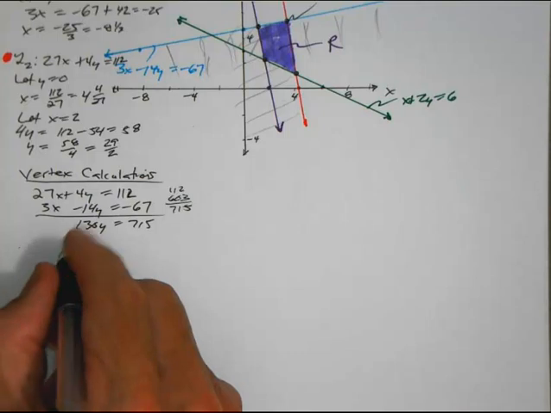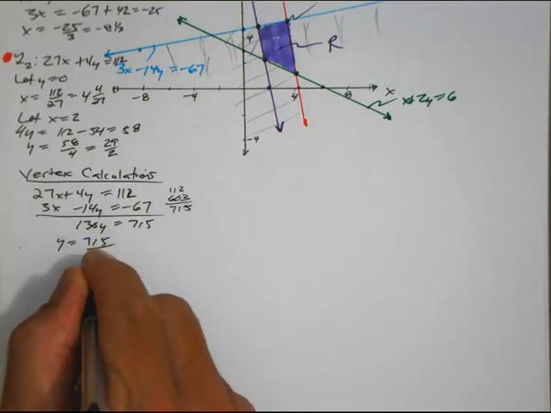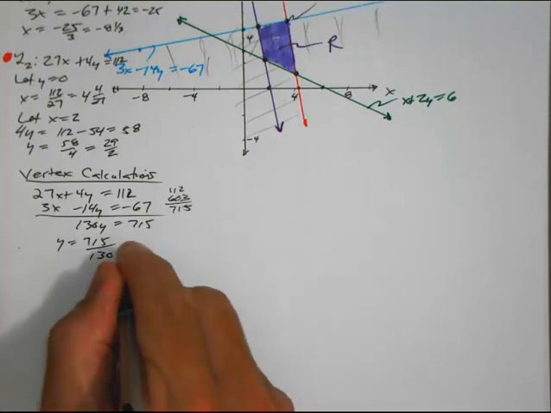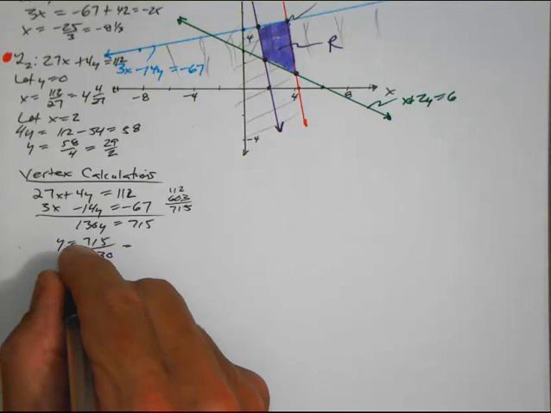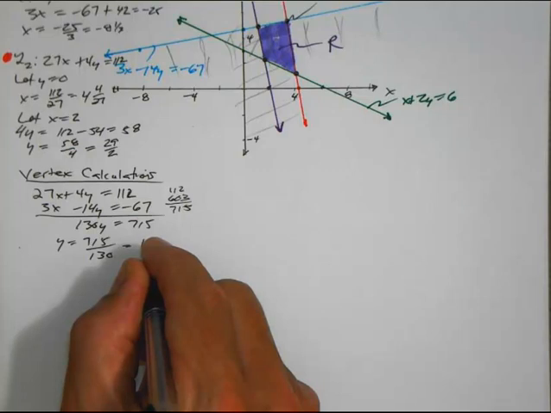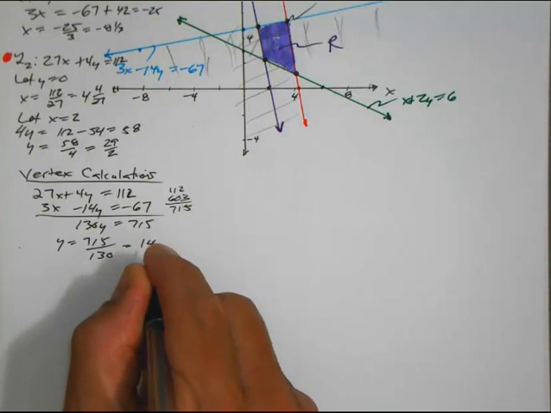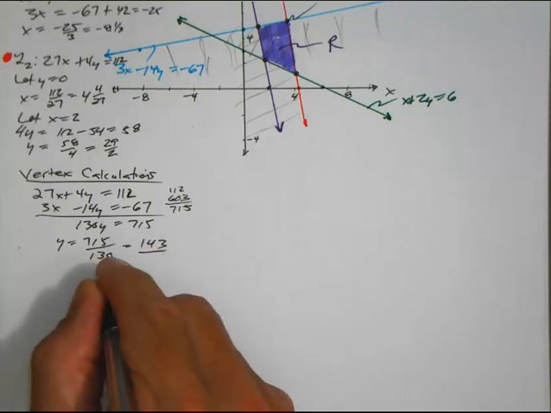Okay, we divide both sides by 130. y equals 715 over 130. A factor of 5 obviously cancels right away. What's that leave behind? 5 goes into this 143 times, and down here, 5 goes into 130, you can just divide by 10 and then double the result.